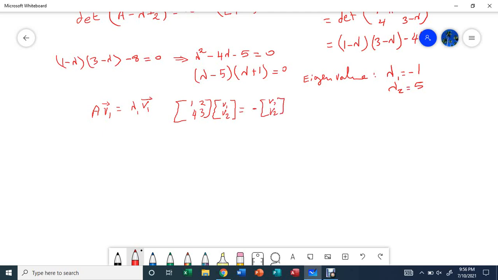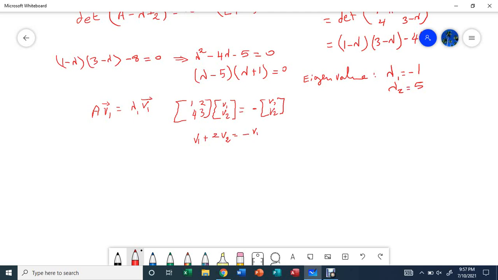Now let's solve for v1 and v2. Multiplying the matrix by a vector, it's going to be 1 times v1, it's v1, plus 2 times v2 is 2v2, equals multiplying the scalar -1 by the vector, so negative v1 here.